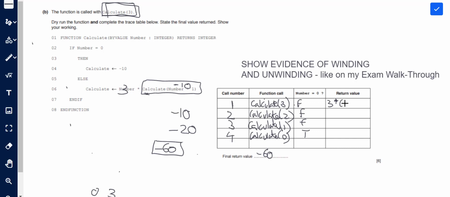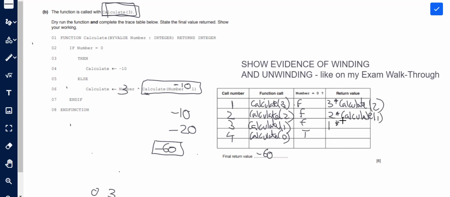multiplied by calculate 2, because that's what 3 minus 1 would have given us, 2. Then this one would be 2 multiplied by calculate 1.